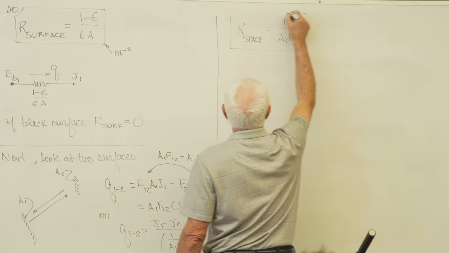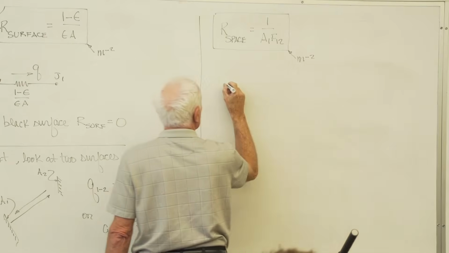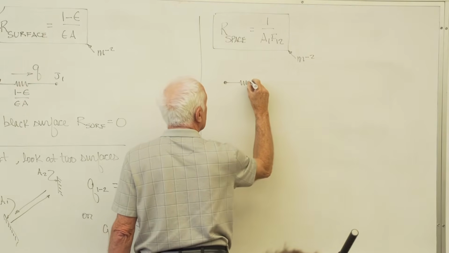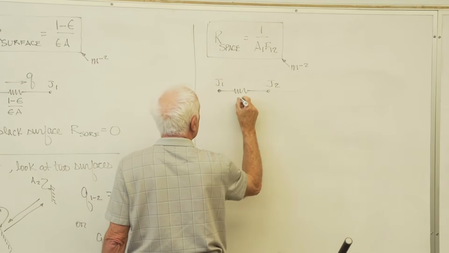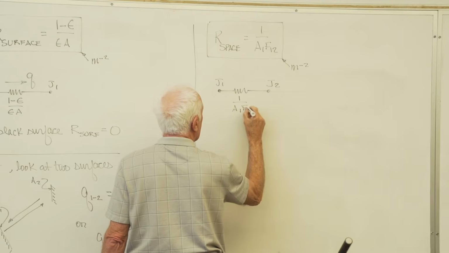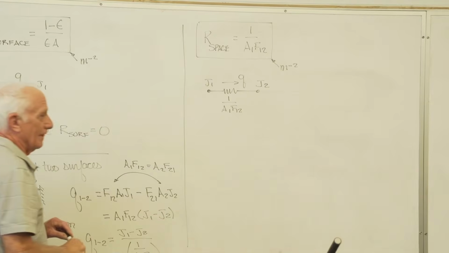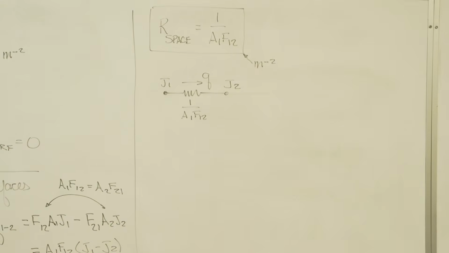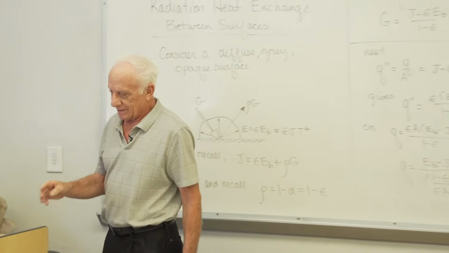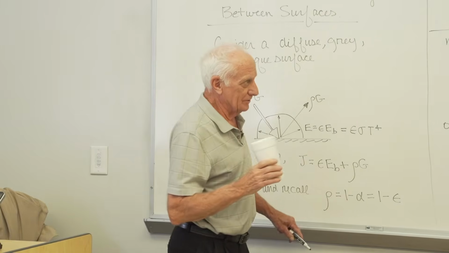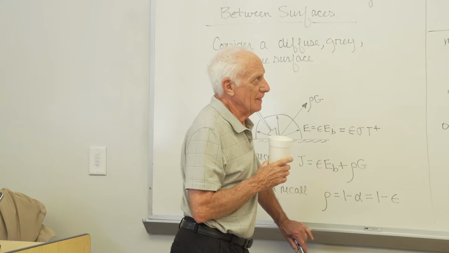The units again are meters to the -2. If you want to express it in terms of a resistance, here it is. So now, if we are going to construct a network of resistances for a radiation heat transfer problem, there are two kinds of resistances.